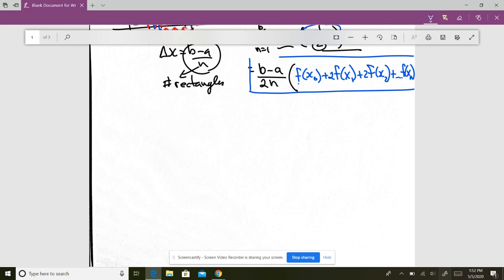So let's do an example that we know. The book uses a nice example of sine of x. We can compare our answer to the actual answer. So we're going to evaluate the integral from 0 to pi of sine of x using n equal to 4, so 4 trapezoids.